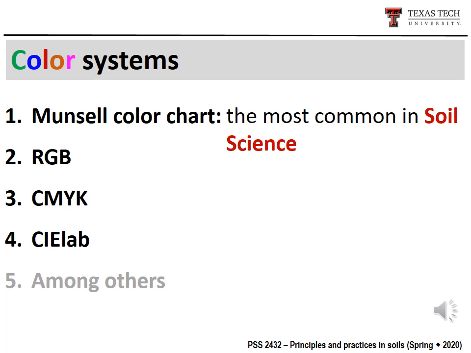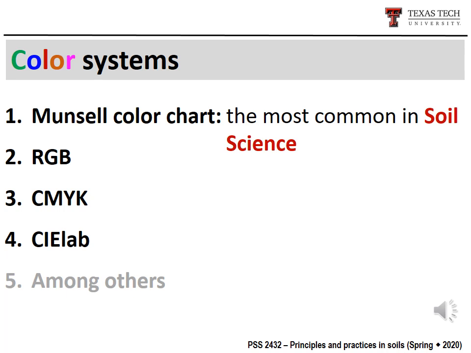Basically, we have four color systems. The first one, the Munsell color chart or the Munsell color system, is the most common in soil science. And also we have the RGB system, and also we have the CMYK system and the CIELAB system, among others.